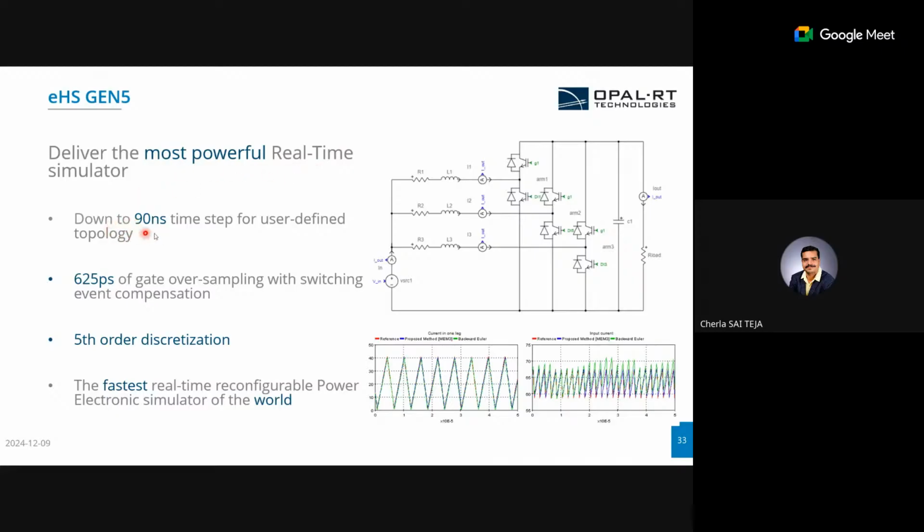Here, depending on the topology of the converter we are using, it can go down from a 90 nanosecond time step for user-defined topology, and the gate oversampling and the switching event compensation we can have at a step of a picosecond, and it has fifth order discretization, and this is the fastest real-time reconfigurable power electronic solver available in the world as of now. So in the marketplace, I can tell no other simulator can beat OPAL-RT in terms of high switching frequency or power converter based applications.